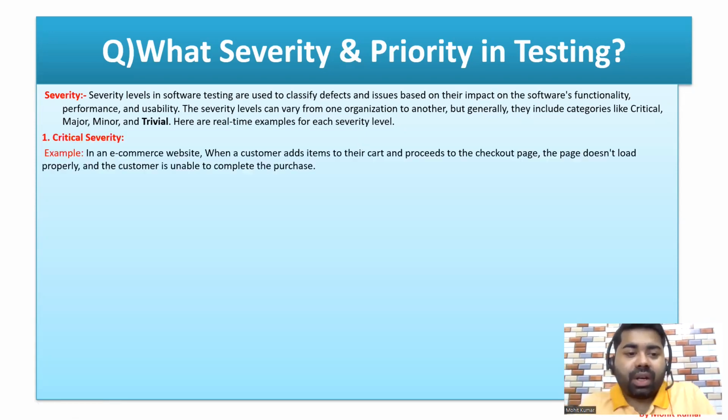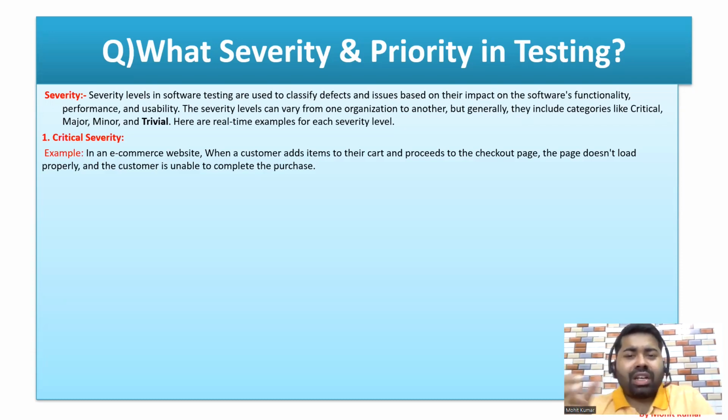The critical severity. Suppose I have an example of an e-commerce application. When the customer adds an item to their cart, when you are going to purchase any product on Amazon, you add the product to your cart and proceed to checkout. The problem is that when you are doing this, the page does not load properly.